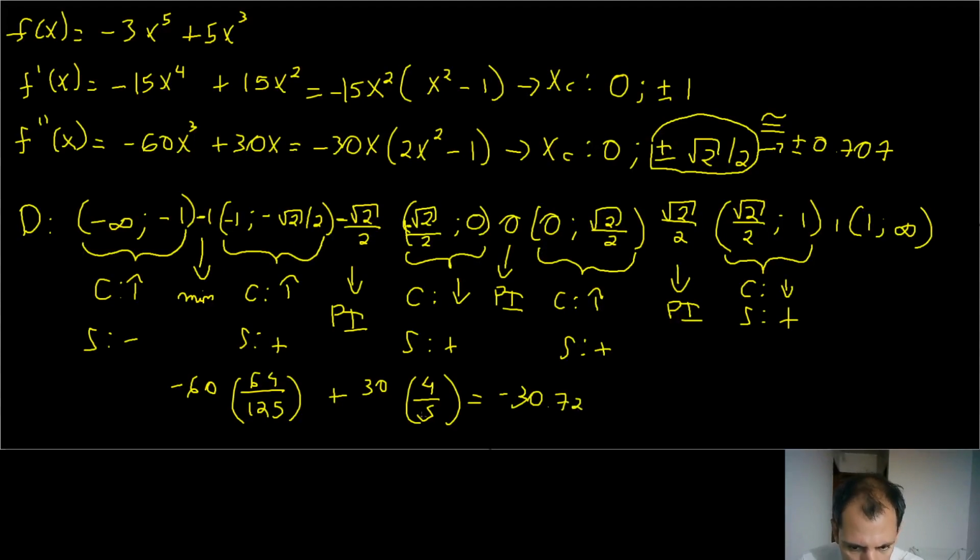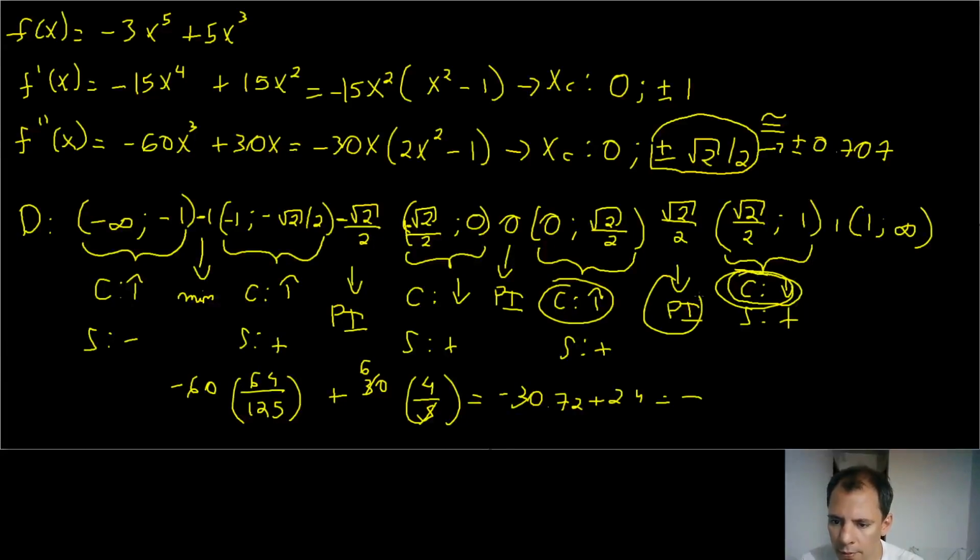And then you have this. You divide this by 5, divide this by 5, get a 6, get 24 plus 24. So minus 30 point something plus 24. This is going to be negative. If it's negative on the second derivative, the concavity has to be down. And look at that, the concavity is down. Now, if the concavity is up here and it's down here, this is a point of inflection. All the predictions were true.